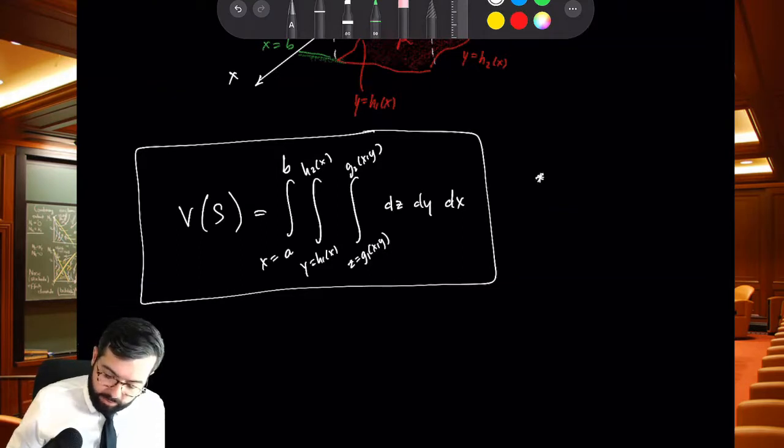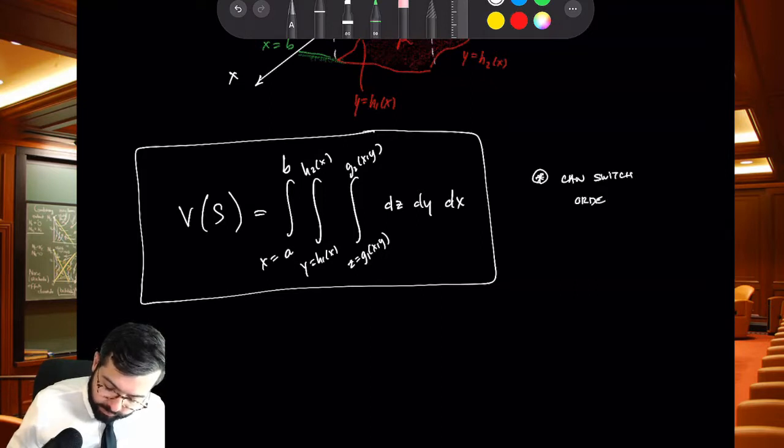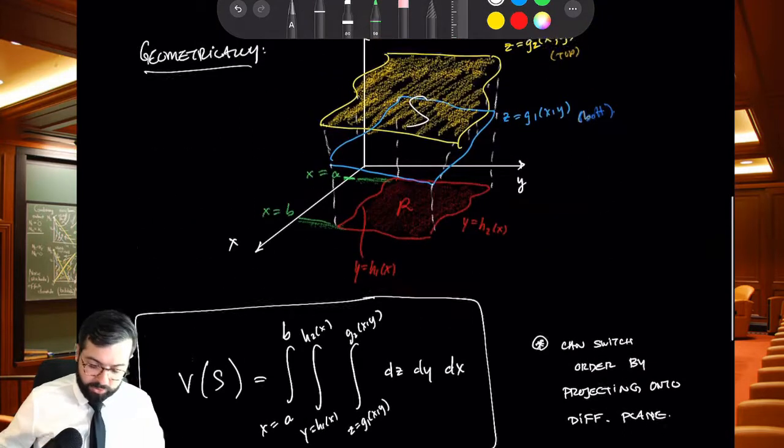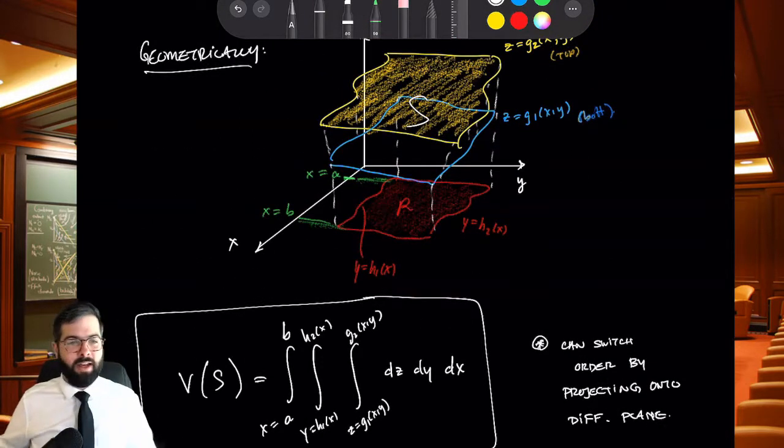And I want to note here, too, and we'll do one example like this, you can switch the order by projecting differently. All right, so here I chose one that's kind of like the canonical example where we project over the xy plane.